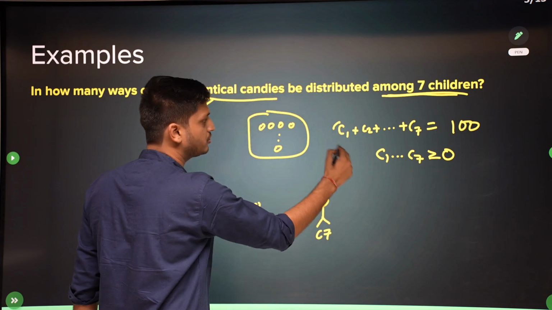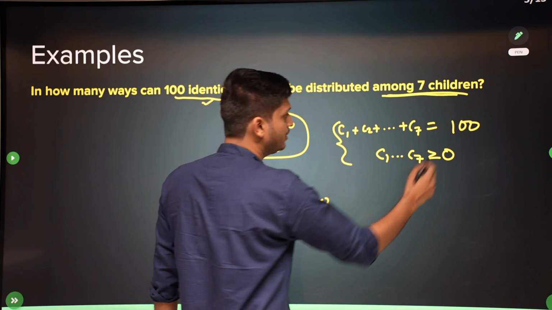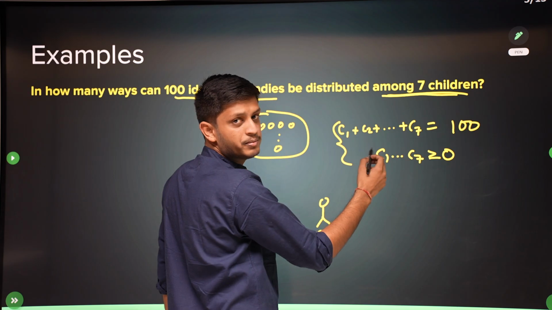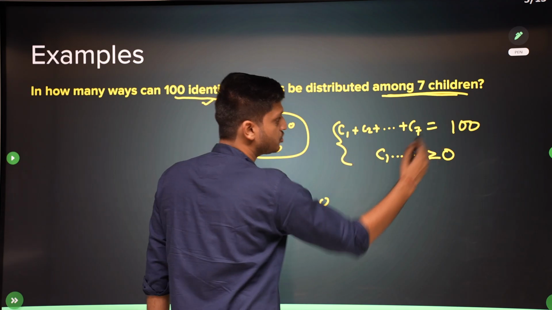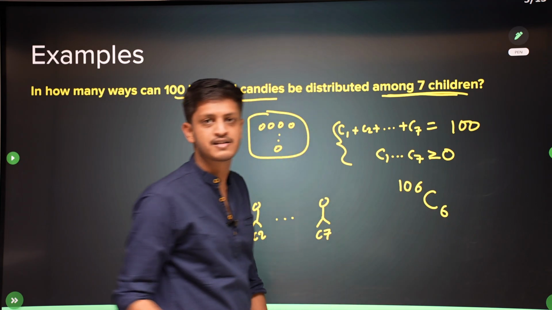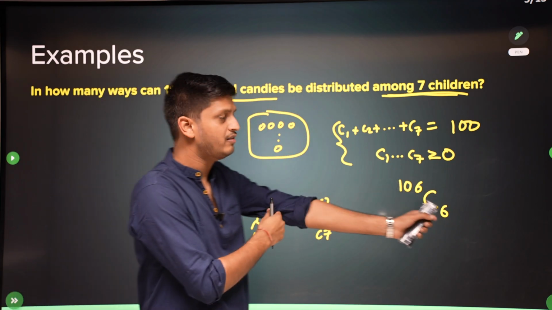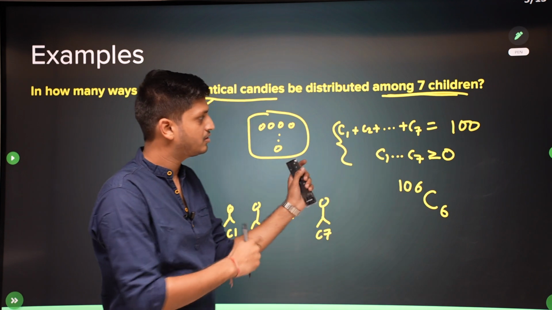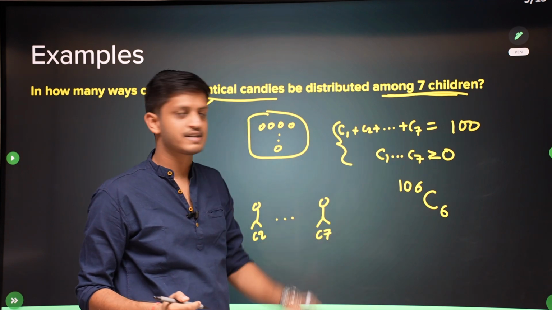We already know how to do this. Don't remember the formula. How do you do that? If you have to make 7 partitions, you have to insert 6 sticks. So you have to create 106 boxes, and you have to insert 6 sticks in them, so that you will have 7 partitions. So the number of solutions to this equation is 106 C6.